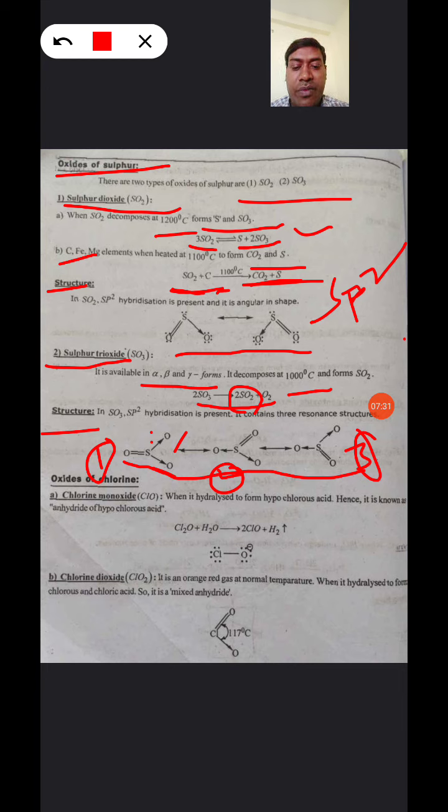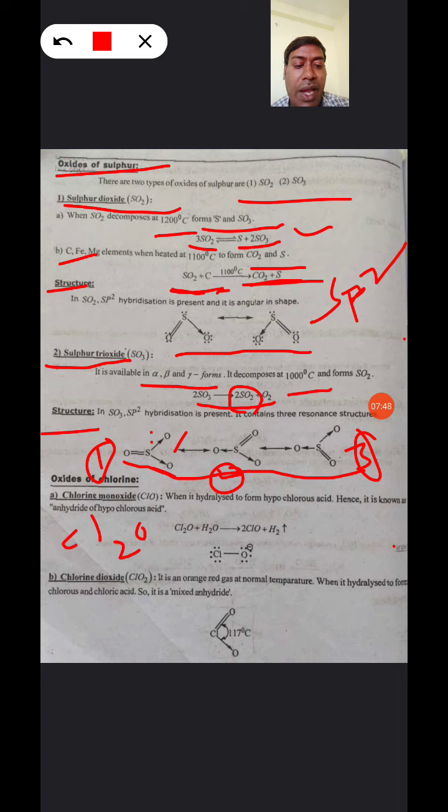In that, first chlorine monoxide, Cl2O. The general formula of chlorine monoxide is Cl2O.